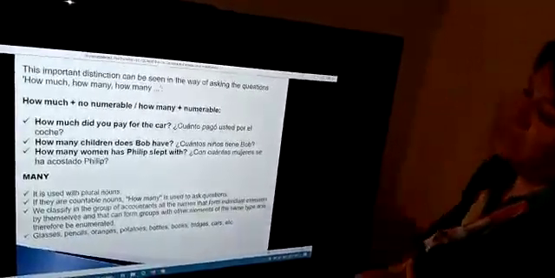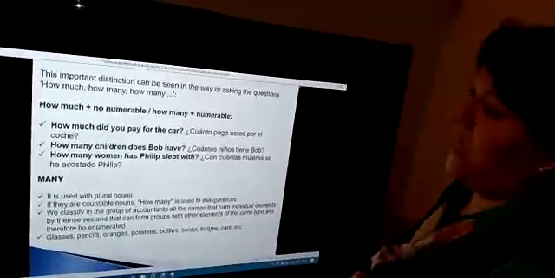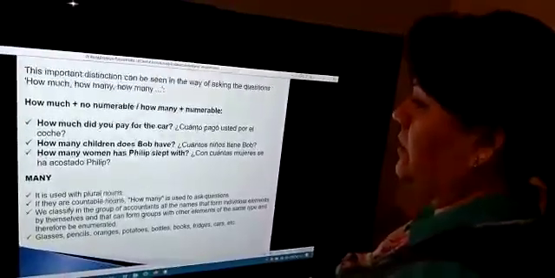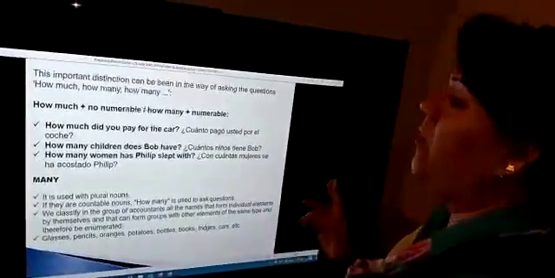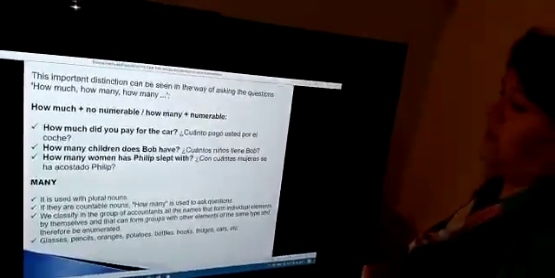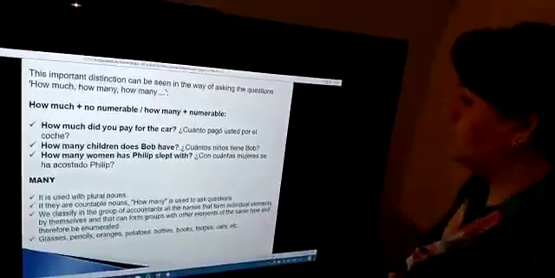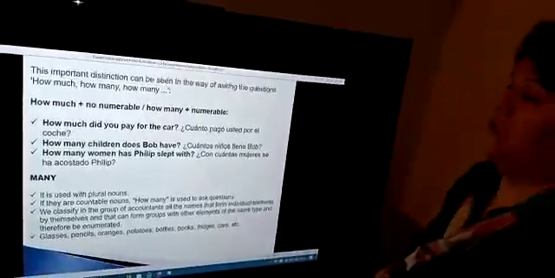Look at the example right here. In English we say, how much do you pay for the car? In Spanish, ¿cuánto paga usted por el coche?